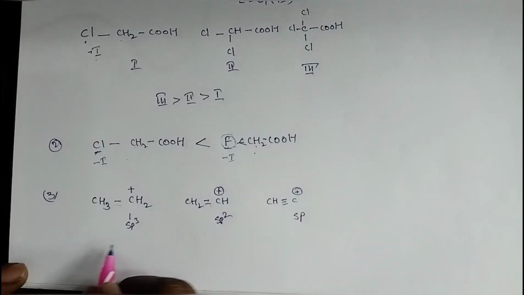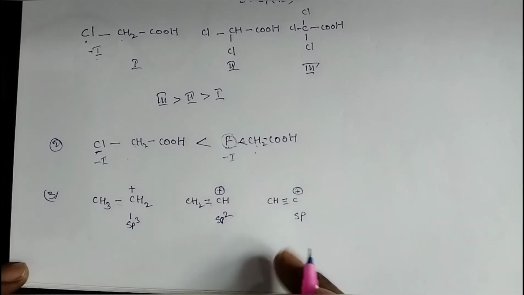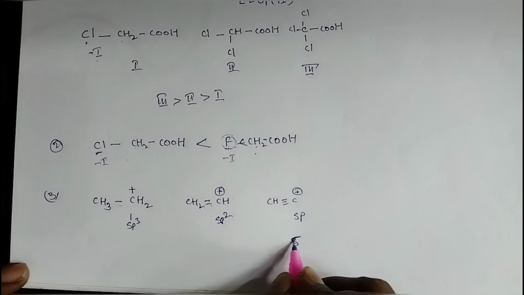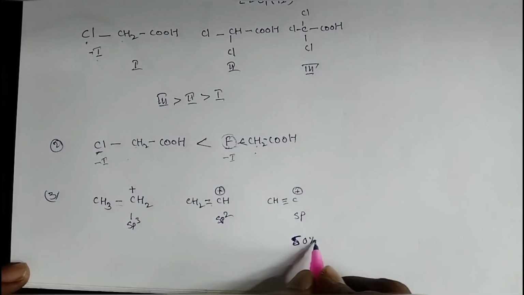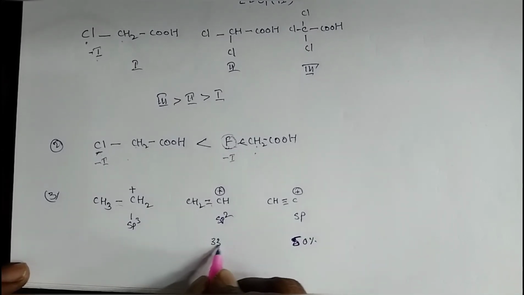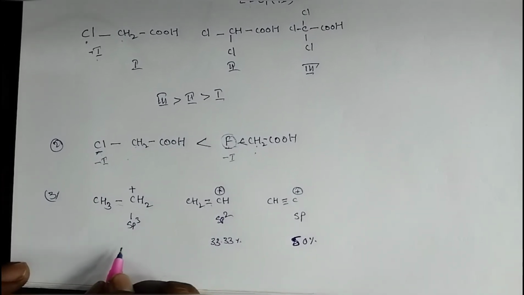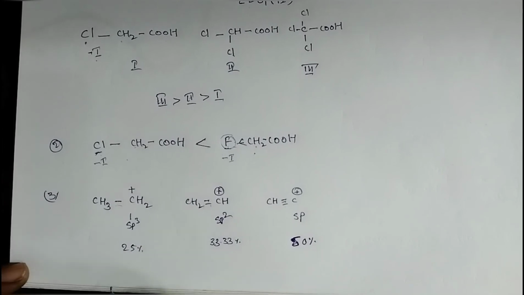And when you come to S character, this one has 50% S character, this one shows 33.33% S character, and this one shows only 25% S character.